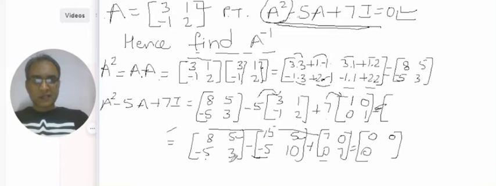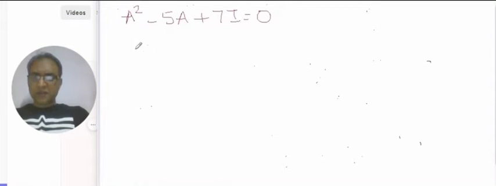Last element, 3, minus 10, minus 7, plus 7, 0. So you can see that I have proved that A square minus 5A plus 7I equal to, all elements are 0. That means this is a 0 matrix. So students, we have proved that A square minus 5A plus 7I equal to 0.